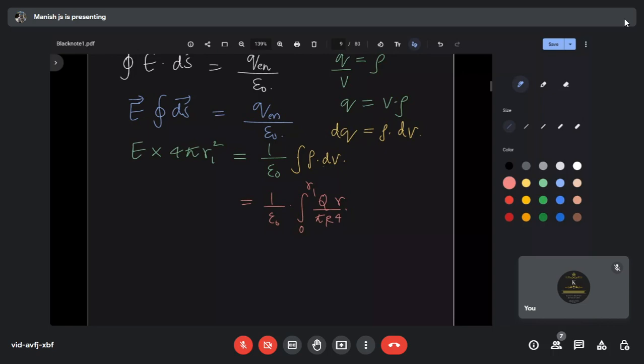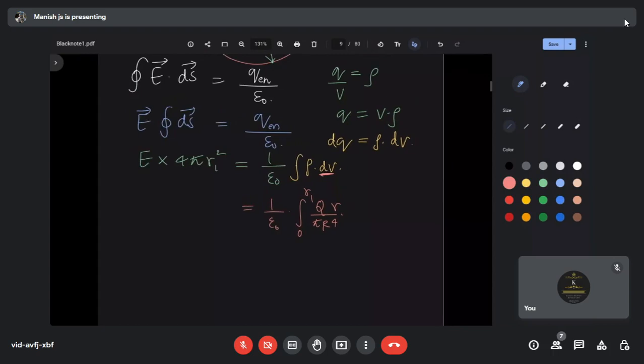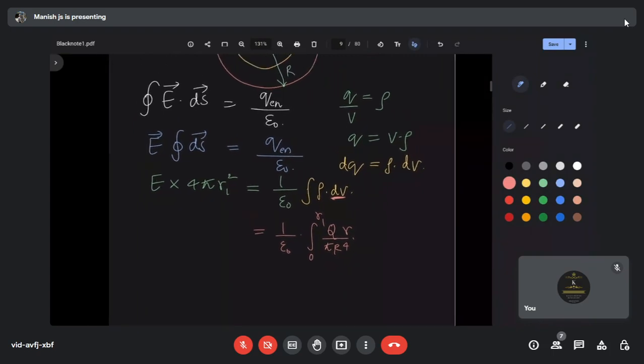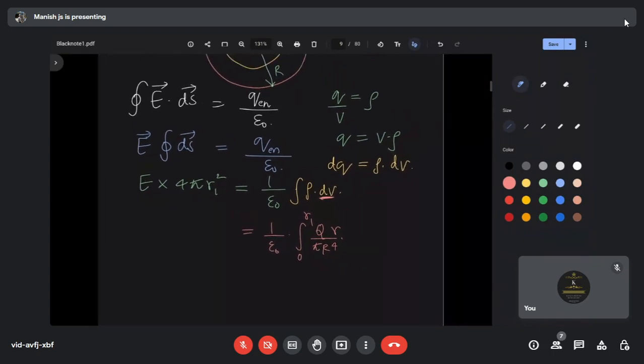Yeah, dv is there. So how can you write volume? Volume is base area into height. That formula you would have studied. But here we don't take base area, it's the total surface area that you're considering.